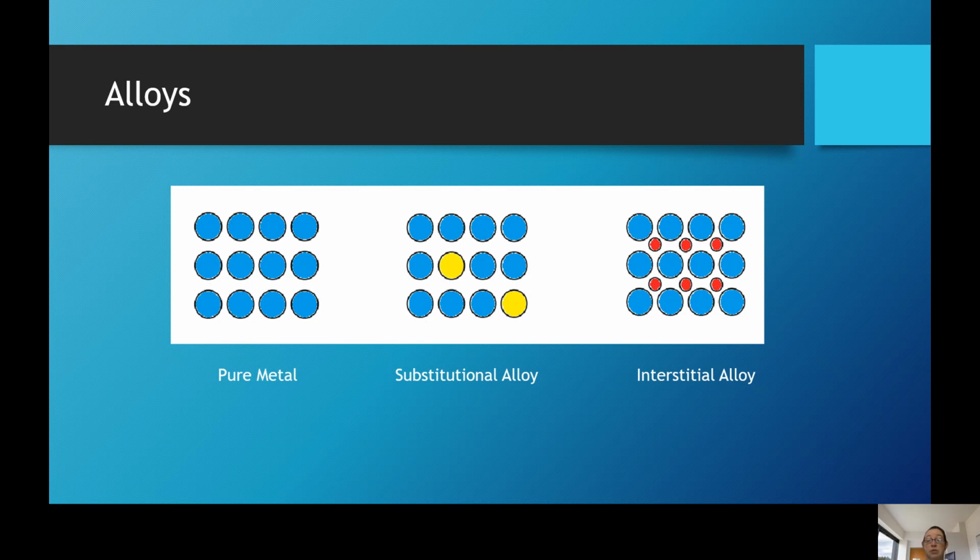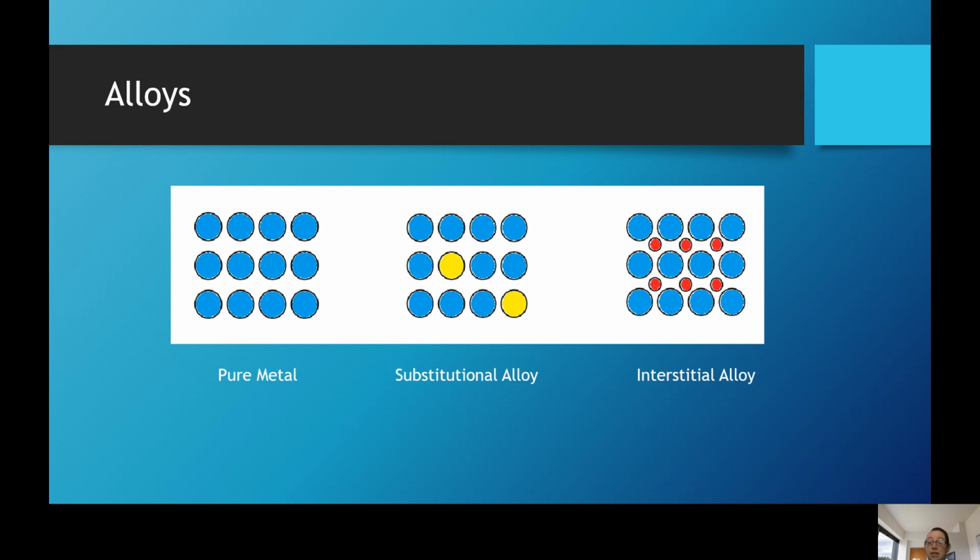So now we have some yellow circles in there. Those yellow circles represent that new element. An interstitial alloy is when the original cations stay the same, but the spaces between those cations are filled with atoms of a smaller element. So that's the red dots.